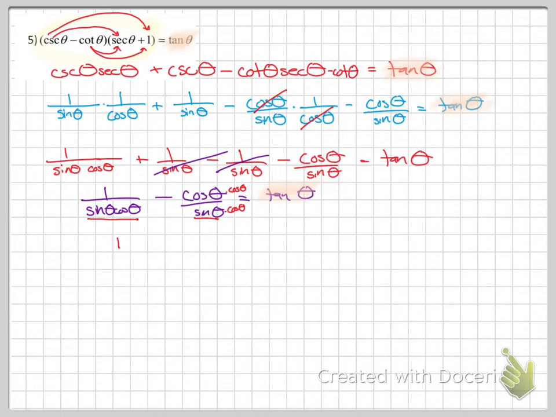So that's going to be 1 minus cosine times cosine is cosine squared theta over, and now I can write it as 1 fraction because the denominator is common. Then I have an identity. Do you see it? Is there anything on the left that you can replace using your cheat sheet? 1 minus cosine squared. That's sine squared.